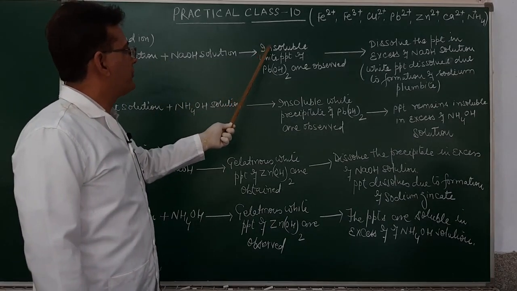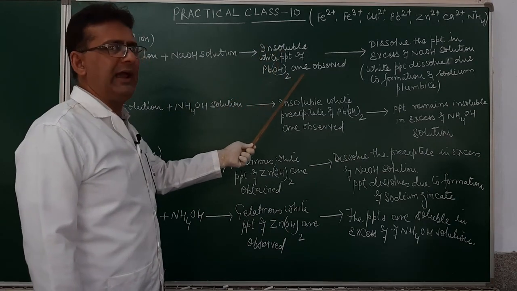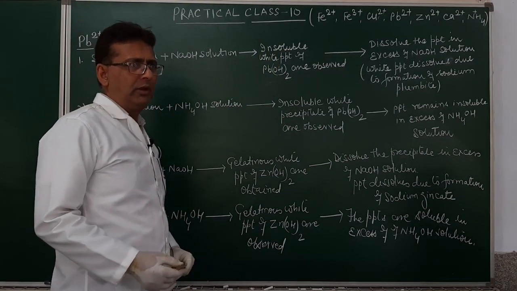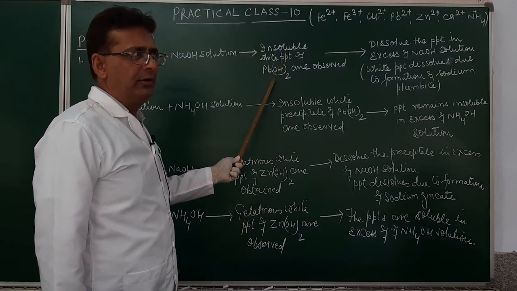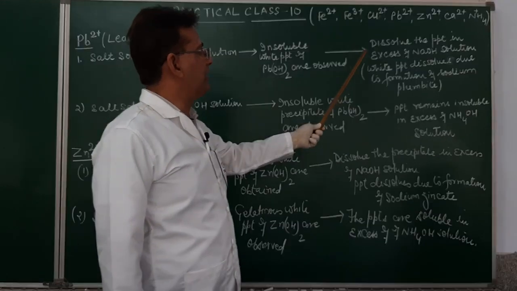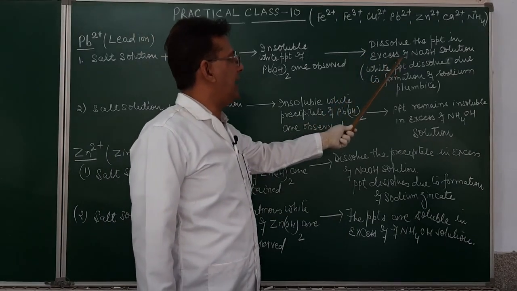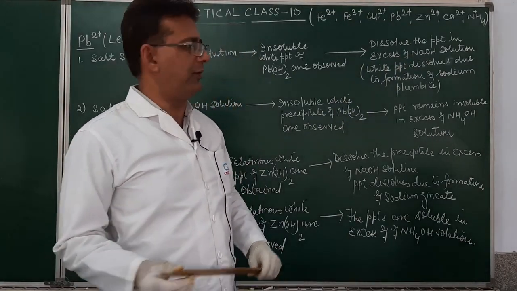What did we observe? Insoluble white precipitate of lead hydroxide is observed. Name the precipitate obtained: lead hydroxide. What is the color? White precipitate. Now dissolve the precipitate in excess of sodium hydroxide solution. What do we observe?